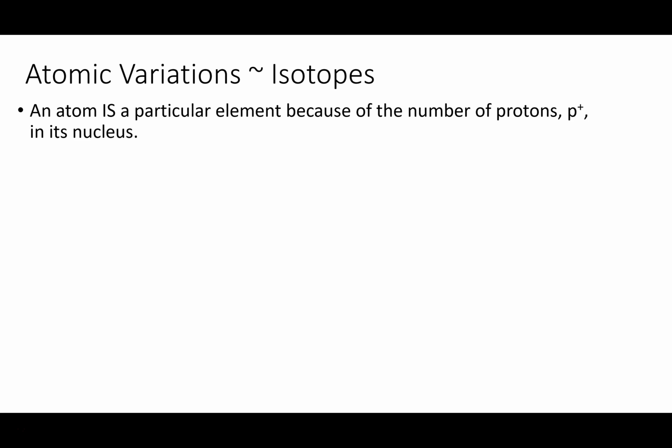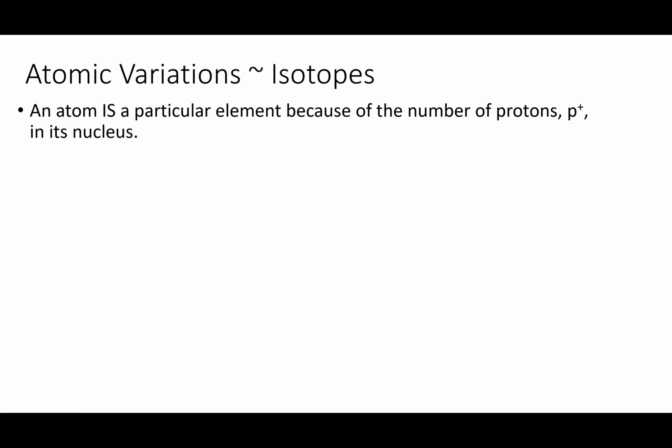So as I point to, for instance, this carbon atom I've drawn, protons for sure say what element it is. Have 6 protons, have a carbon atom. Electrons help make it neutral. We'll talk about that in a minute. If I have 6 protons, I have to have 6 electrons if I'm going to have a neutral atom. And then neutrons can come and go.